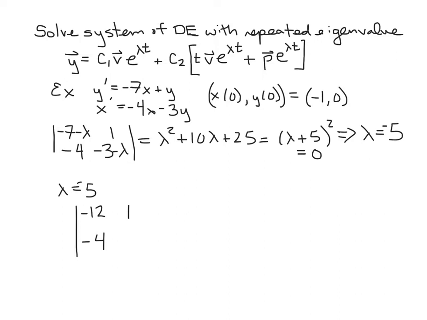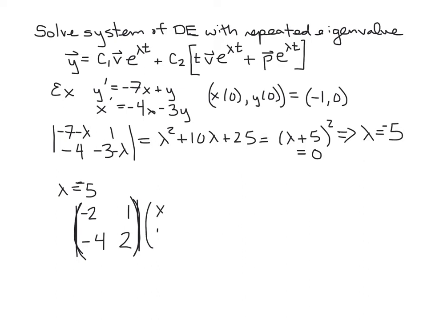That can't work. Okay, so let's try again. Negative 7 minus a negative 5, that's a negative 2. Then a 1, and then a negative 4, and then a negative 3 minus a negative 5, so that's plus 5, that's a 2. That looks way better. Okay, so there's my A minus lambda I.